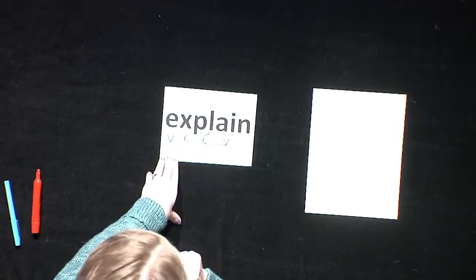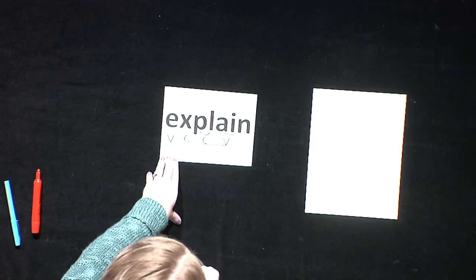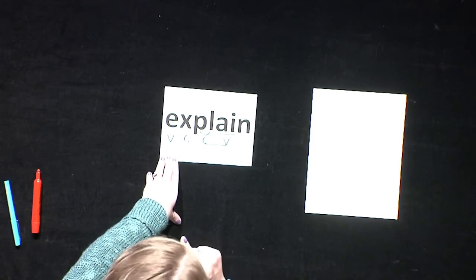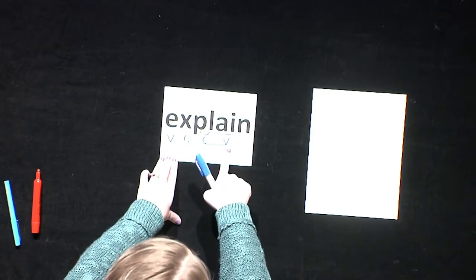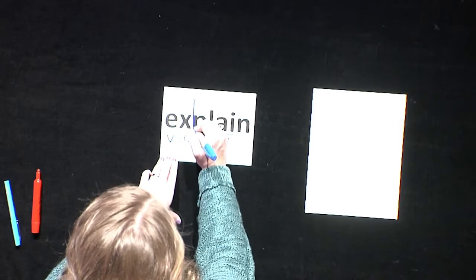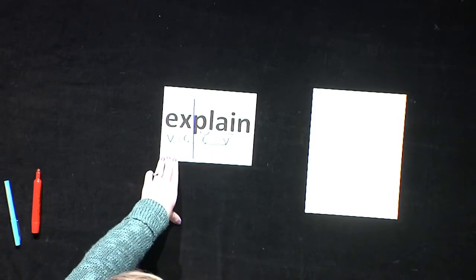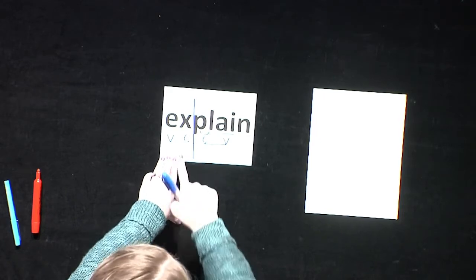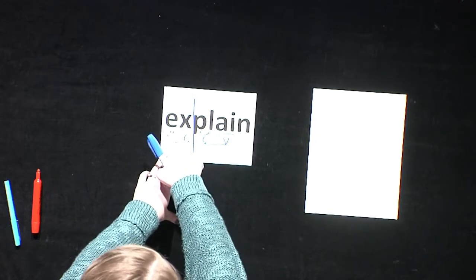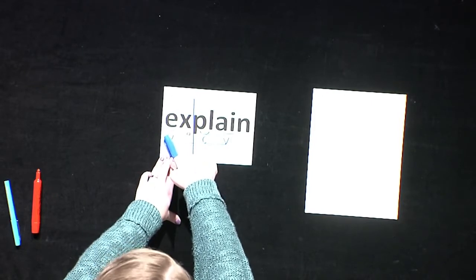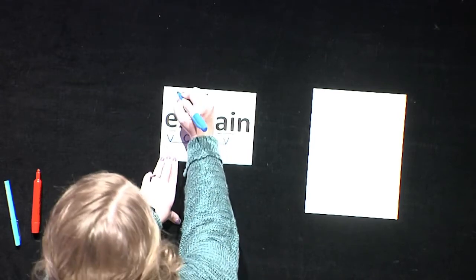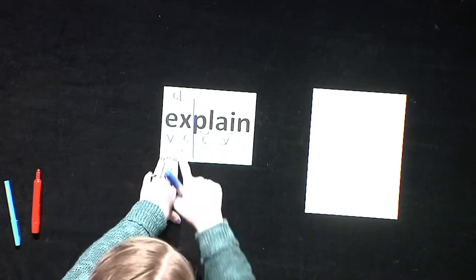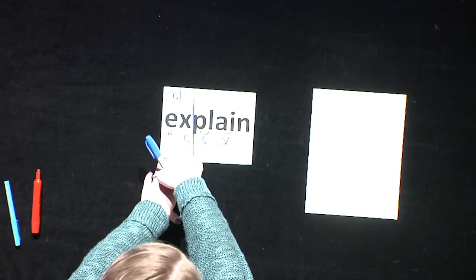Step four, divide using the pattern I notice. We have learned in all of our multisyllabic lessons that when I see a VCCV pattern, I divide between the consonants. Now, I've got to identify each syllable type and label them. My first syllable, I see vowel E, followed by consonant X. And when I think back, I remember that's a closed syllable, and that E will make a short vowel sound.